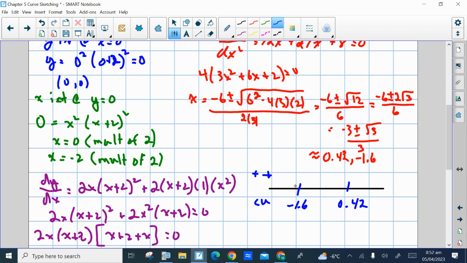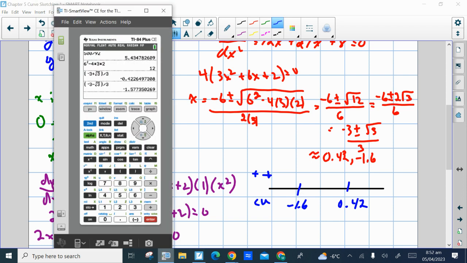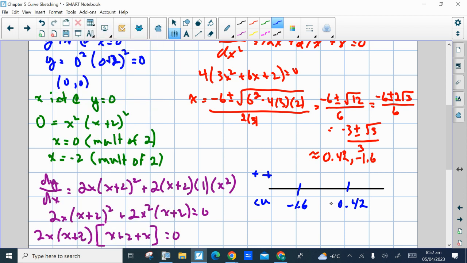Between negative 1.6 and positive 0.42, oh sorry, that was negative 0.42, not positive. So a value there could be negative 1. So again, the first factor is positive 4.